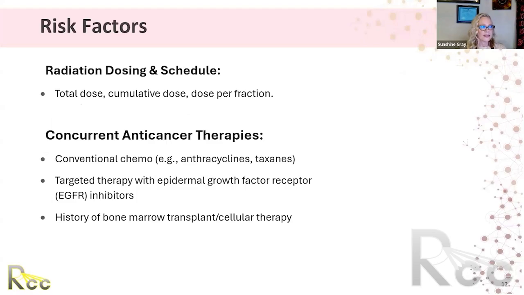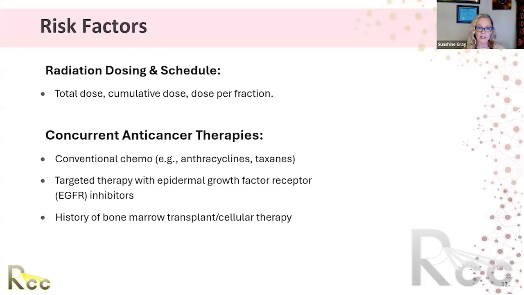The other thing that we look at is the radiation dosing and schedule. We are concerned with the total dose we'll be giving, the cumulative dose, where the patient is at when we are actually seeing the radiation dermatitis, and the dose they're getting per fraction. Patients may have concurrent anti-cancer therapies such as chemotherapy, specifically anthracyclines and taxanes, which can increase the risk for radiation dermatitis.